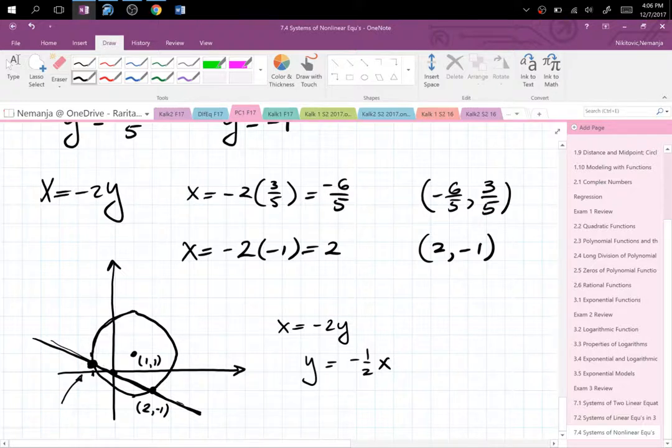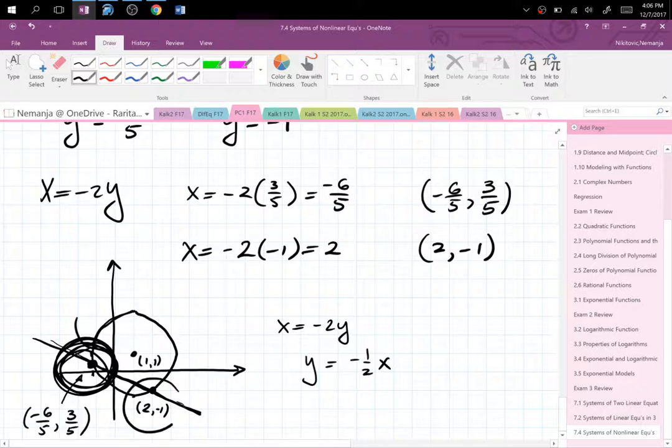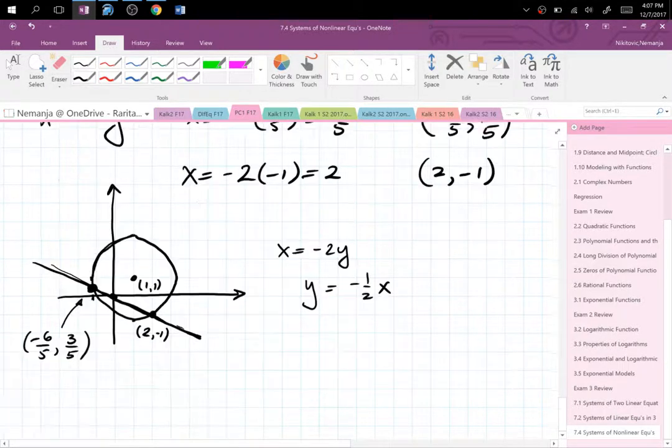So that point there is (negative 6/5, 3/5). So if you want to solve it as a graph, you can, but you will be really disadvantaged as you try to read points that are not perfectly lined up with the grid that you're used to.